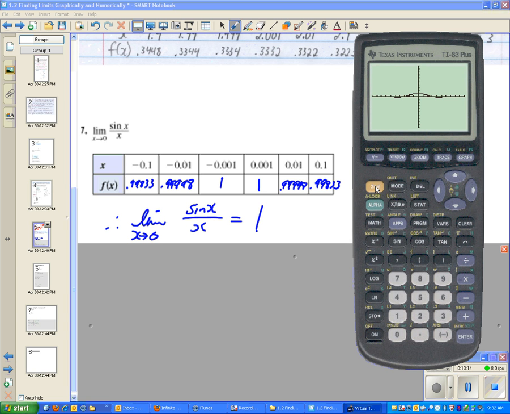It really does, as x approaches 0, the y really does approach 1. Does it actually equal 1? Sure looks like it, but does it? Must be a little hole there.